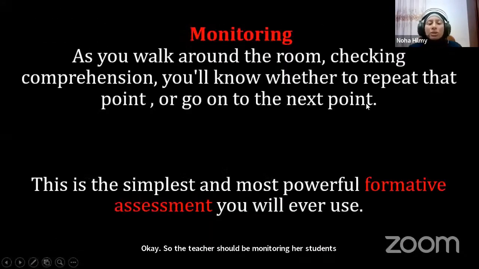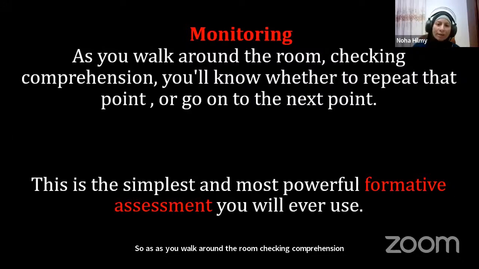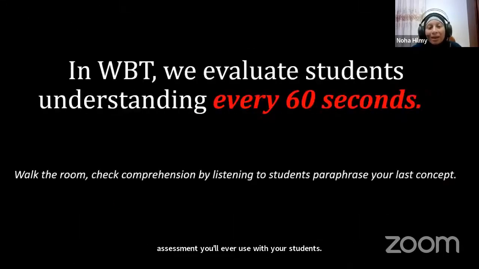Yeah, so as you walk around the room, checking comprehension, you'll know whether to repeat that point again or to move on to the next point. And this is the simplest and most powerful formative assessment you'll ever use with your students. Why? Why do you think?